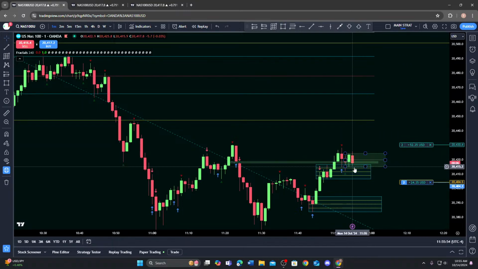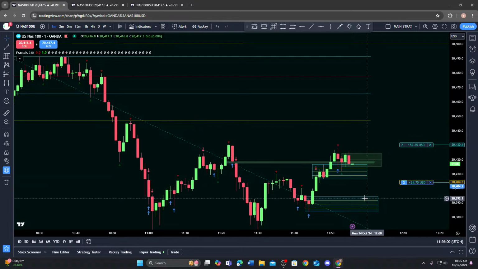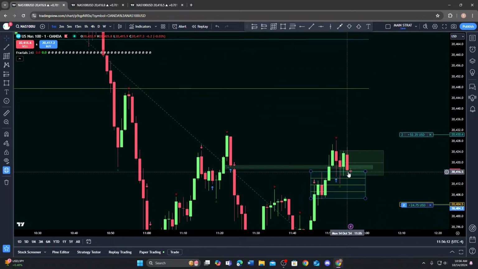If we break below this candle, find support off of it, we could go down to here. The body barely closed in that volume imbalance, just barely.